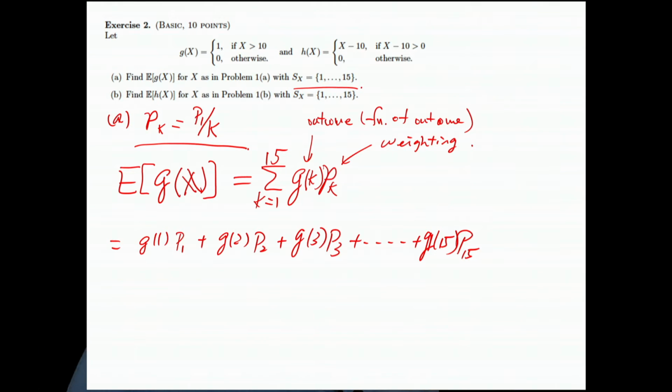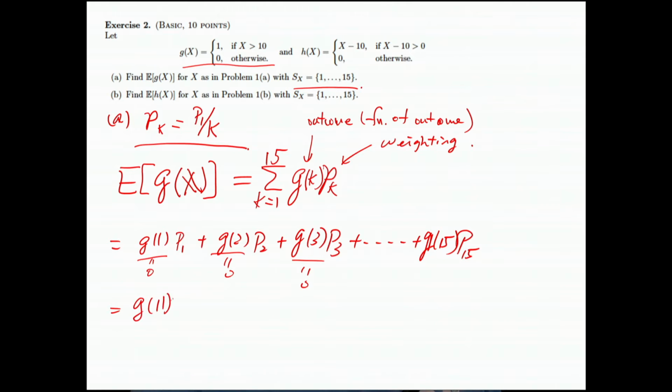And we know the g(x) function is here. If x is less than 10, then it's 0. So this is 0, this is 0, this is 0, until g11.